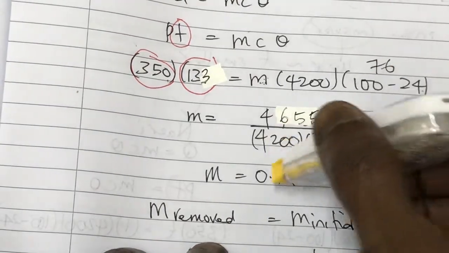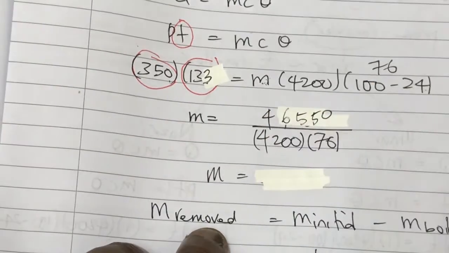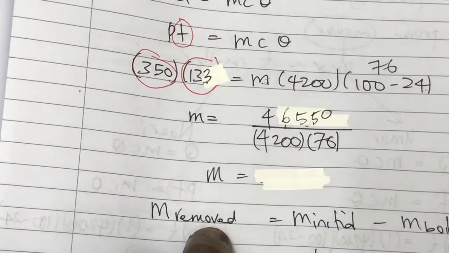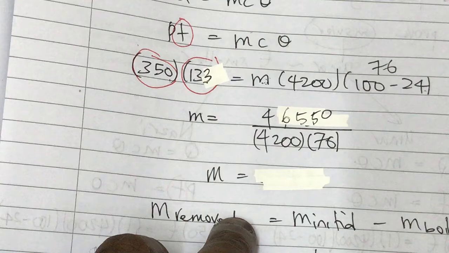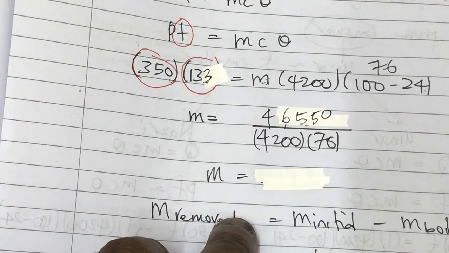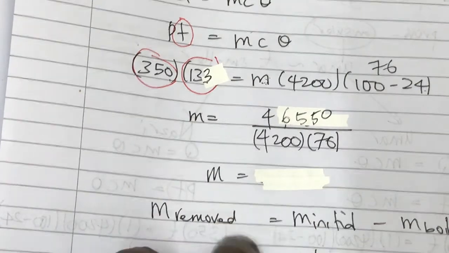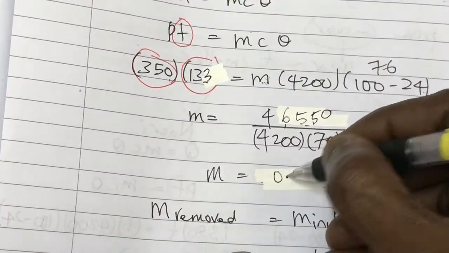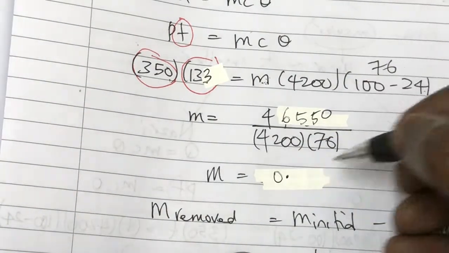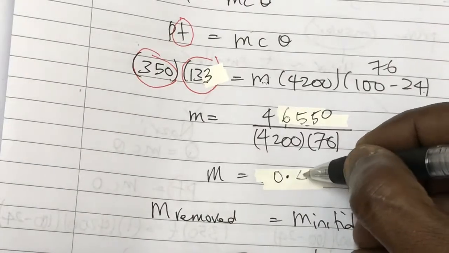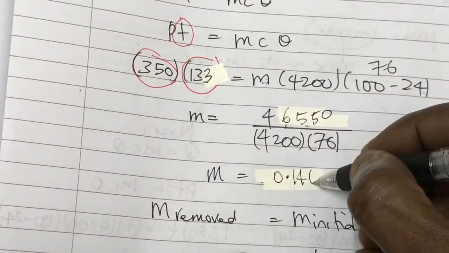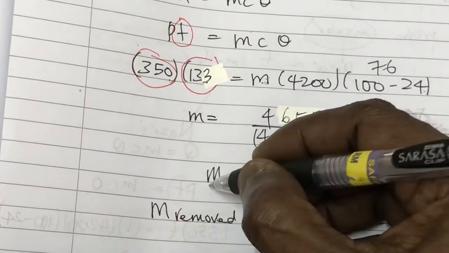So we do this calculation: 46550 divided by 4200 times 76. That would give us 0.146 kg. Now this is the mass of the water boiled.